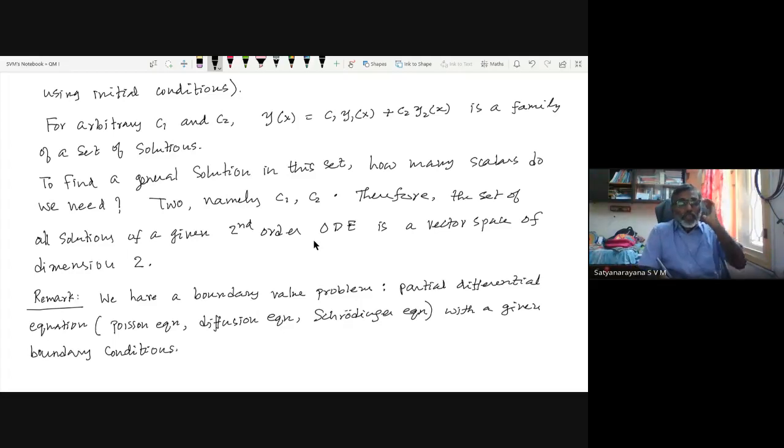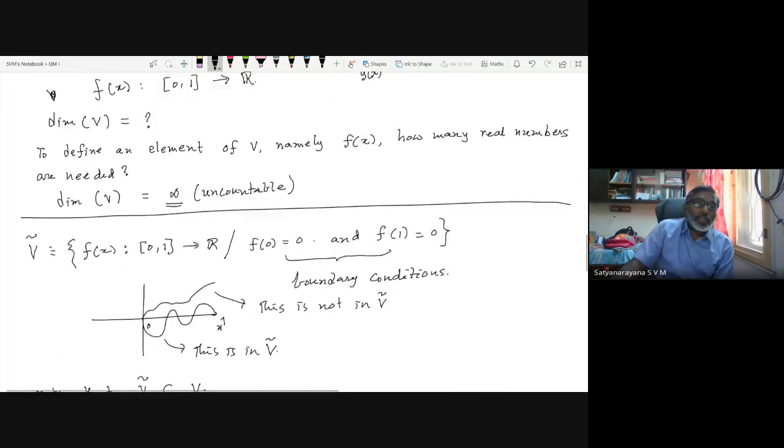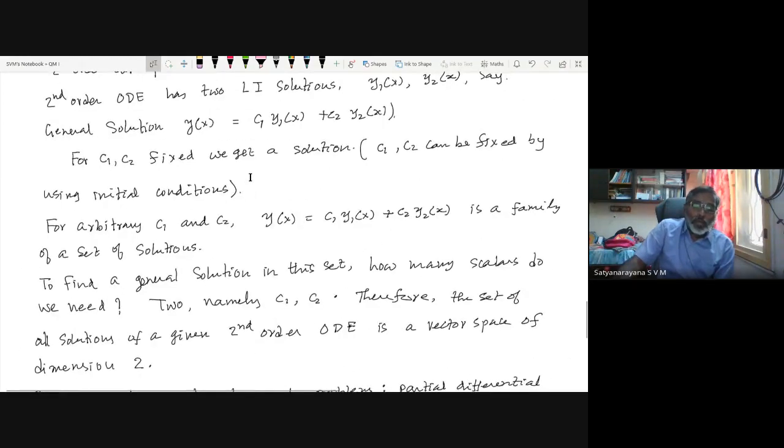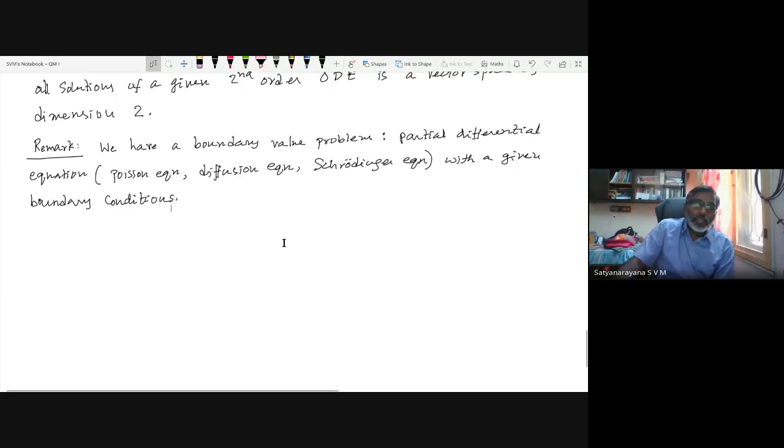Now, the set of all solutions of a partial differential equation is like a vector space, like I have defined V here. With the boundary conditions specified, it is like V tilde and V prime. Sometimes the boundary conditions are such that the solutions subject to that boundary condition become a vector space. Or sometimes they do not become a vector space.